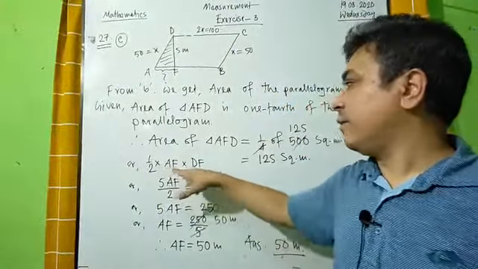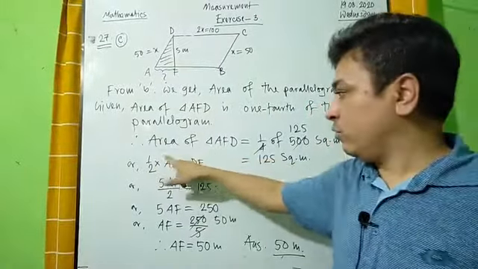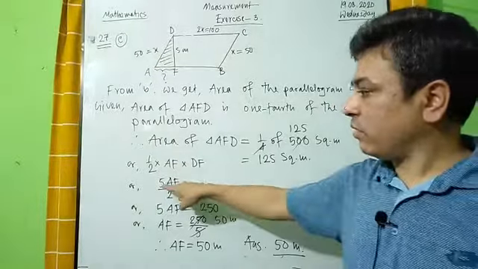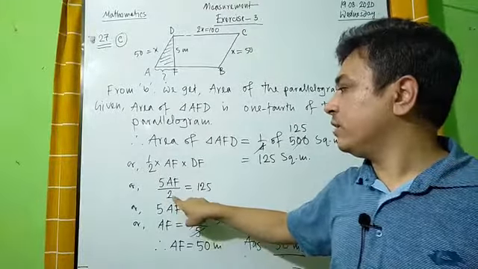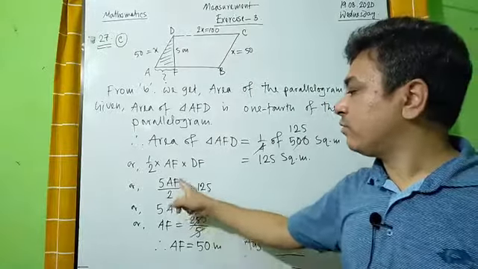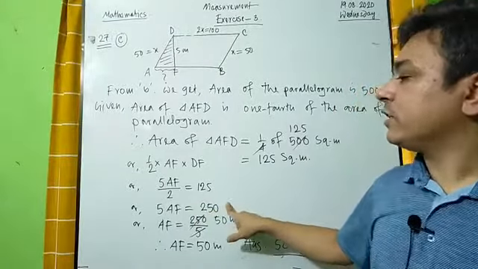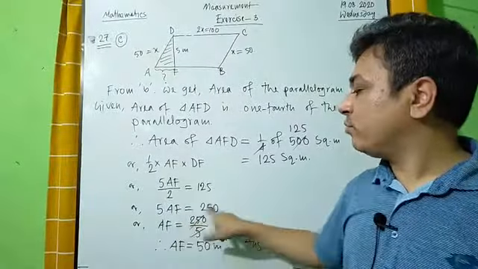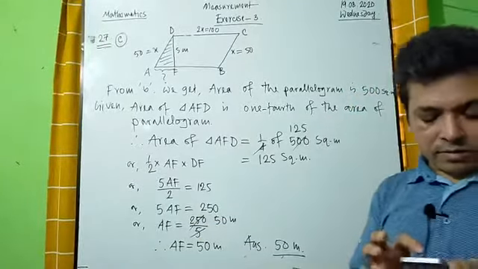Just directly I multiplied. This 1 is in the numerator, 1 into AF into 5, so it is 5AF. And 2 is the denominator. Directly we are just cross multiplying. 5AF equals 2 into 125 is 250. And AF, 250 divided by 5, it is AF equals 50. Okay?